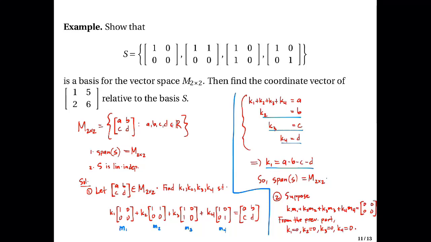Because K4 equals D, but D here is 0. K3 equals C, C here equals 0. K2 equals B, B equals 0. K1 is A minus B minus C minus D, but A, B, C, and D are all 0.